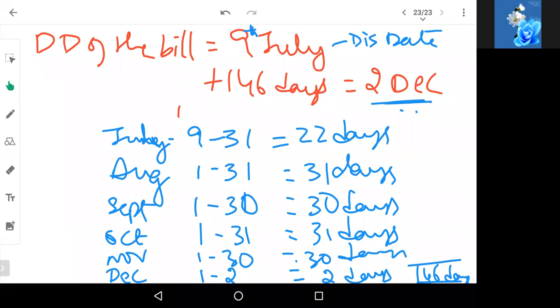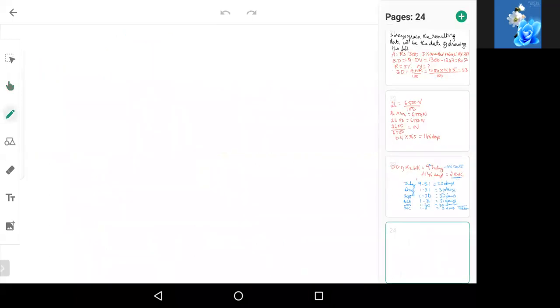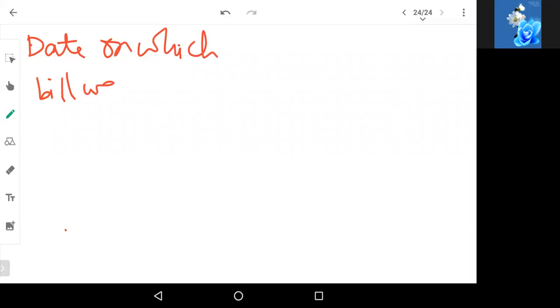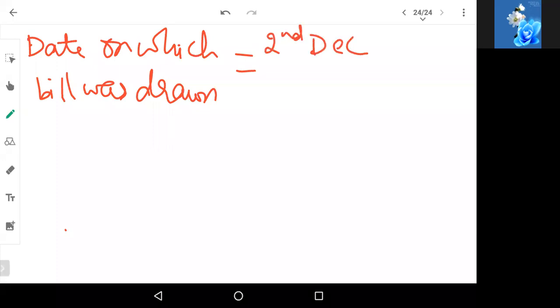Okay. Now, finally, we have to find the day the bill was drawn. Now, the date on which the bill was drawn, we are doing reverse calculation. 2nd December is the due date, minus 9 months, minus 3 days.